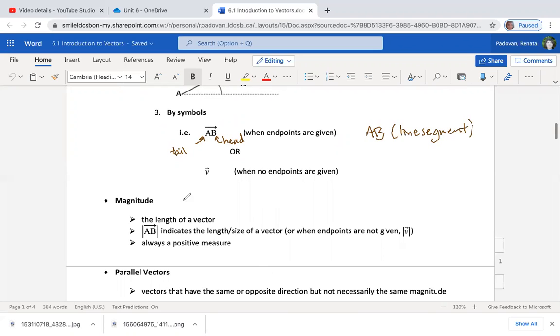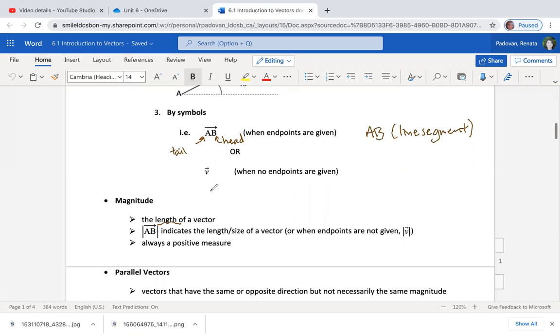Okay, so again, we talked about magnitude. Magnitude is the length of the vector or the distance, let's say. And we indicate that with the symbol for vector AB, but with absolute value signs on either side. So those lines that you see mean that you're indicating a magnitude, which is a distance. And that is a quantity, right?